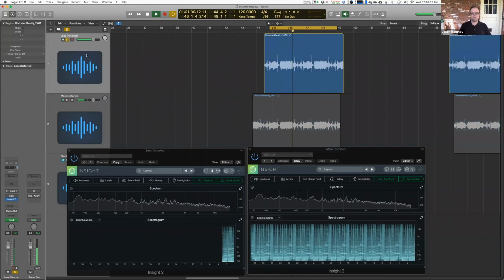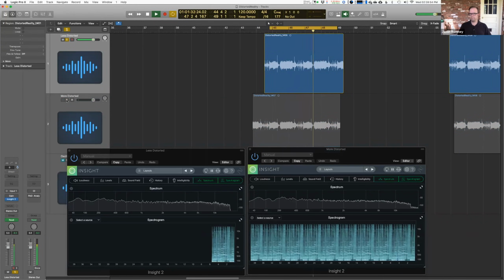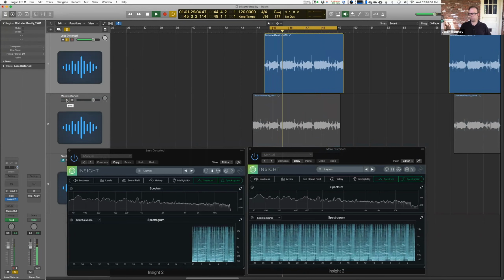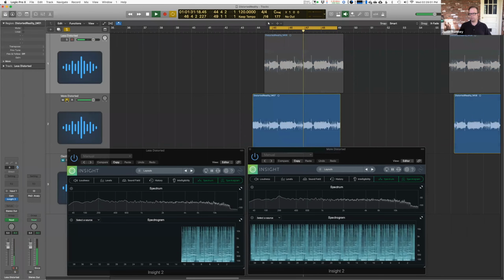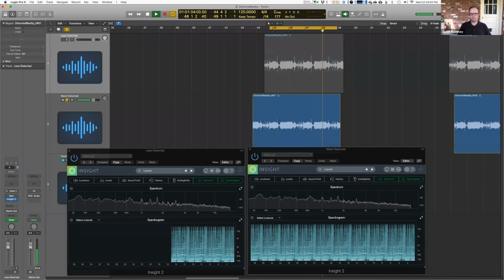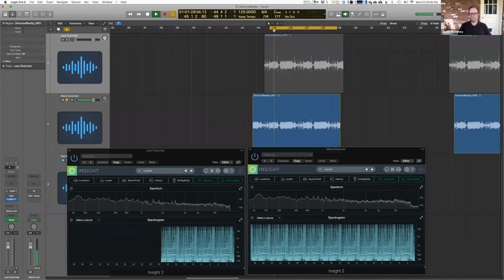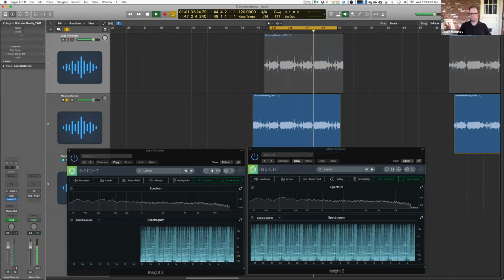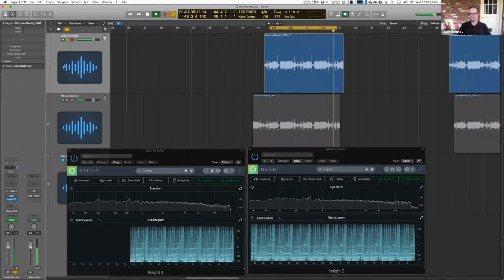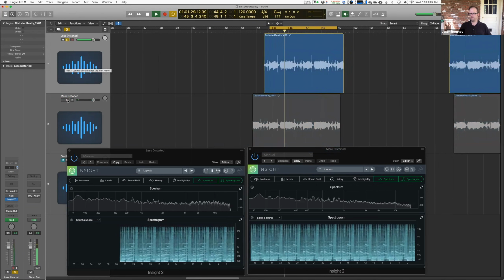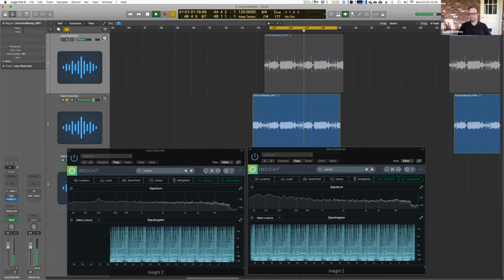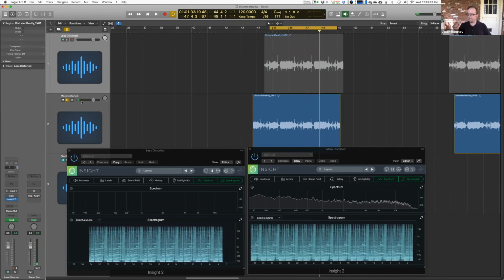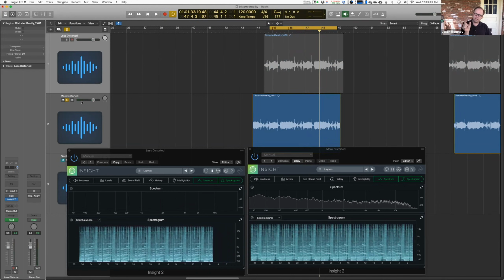So here's the less distorted one. Now I'll switch. So the only thing I can really hear there is the tail of the snare drum.